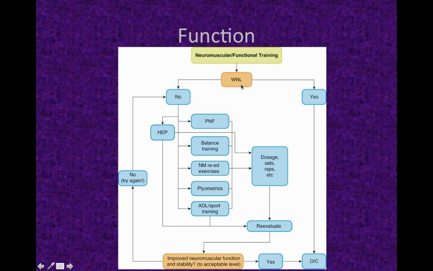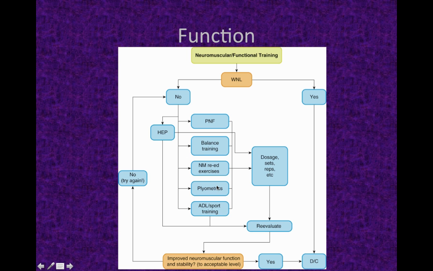So if you'll peek at their flow chart here. Are we within normal limits? No. You still have your home exercise program. PNF is proprioceptive neuromuscular facilitation. We'll have a whole lecture on that from Professor Ponke. Here they're including balance training and other neuromuscular re-education exercises, plyometrics, and activity of daily living or sport-specific training.